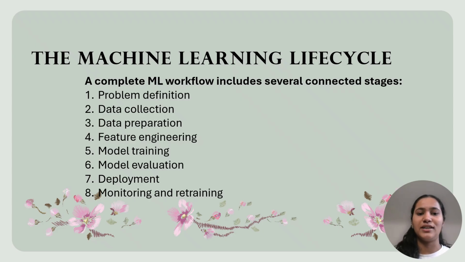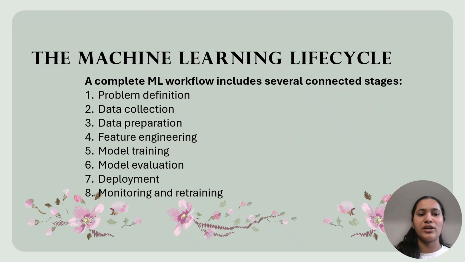Data preparation cleans the data by fixing missing values, removing duplicates, correcting errors, and making the data consistent. After that, feature engineering. Feature engineering transforms raw data into useful inputs that help the model learn patterns more effectively.